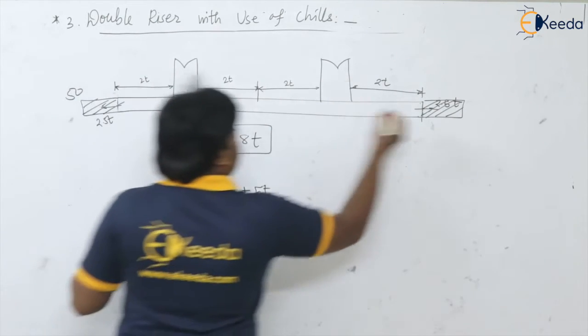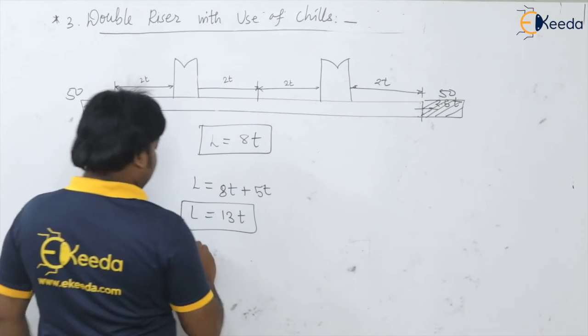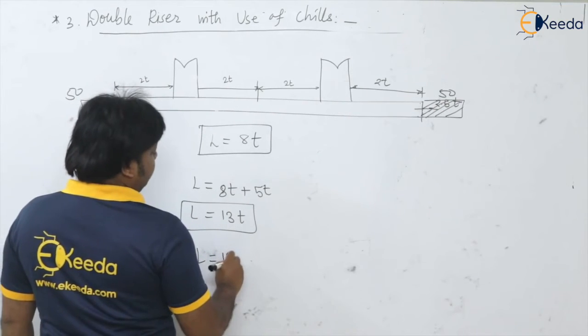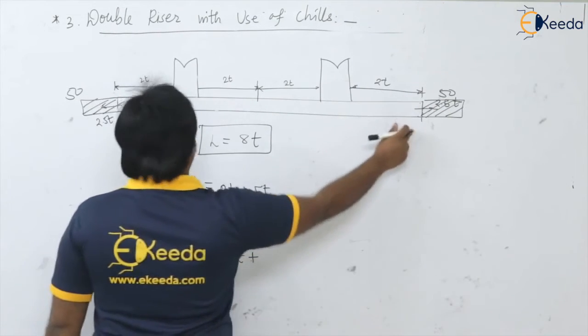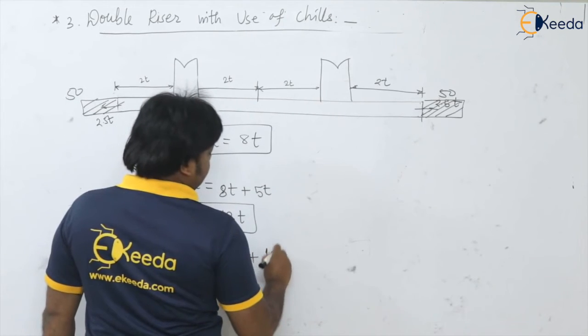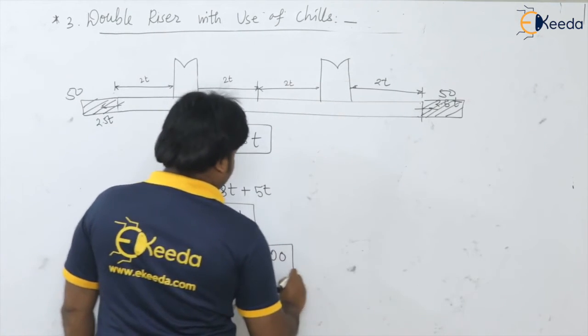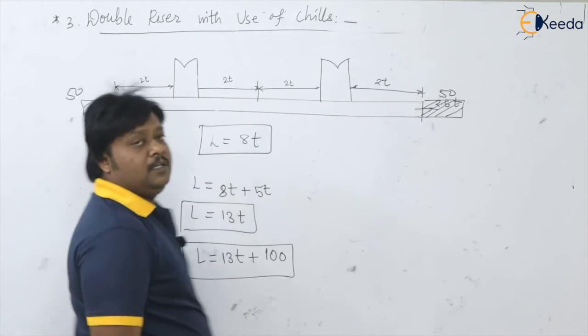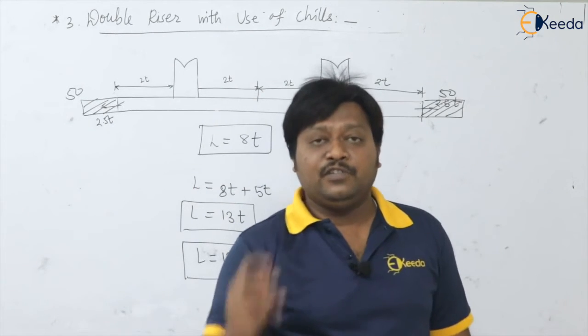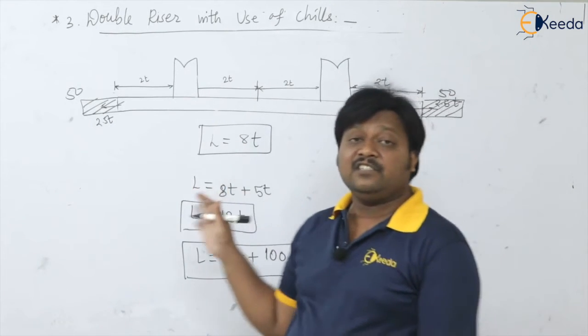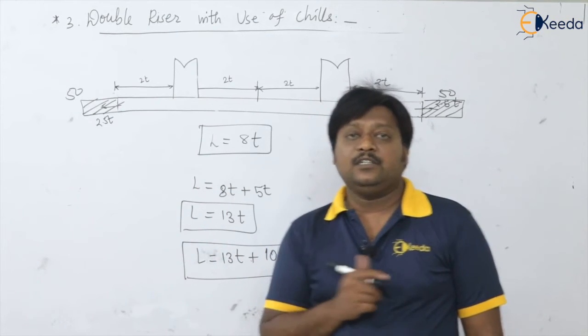Here 50, here 50. Tell me L for the third case: 13T plus 50 plus 50, that is 100. So 3 plus 3, total 6 cases we have seen in this topic.